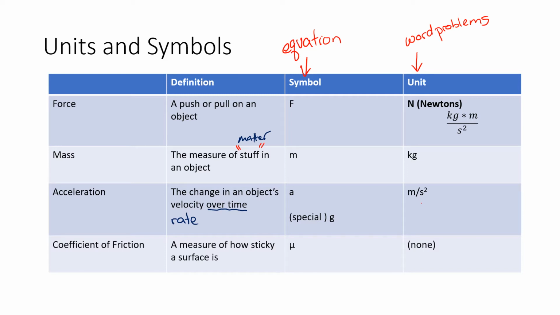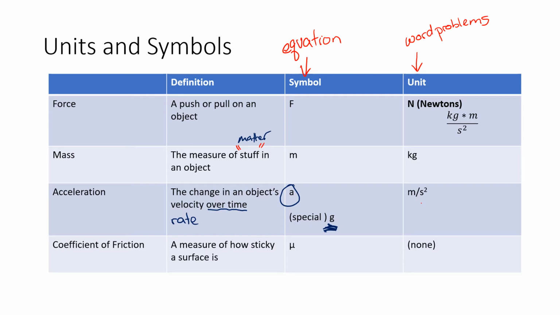Most of the time in our equations, acceleration is an A, but we do have one special one, G. G is still an acceleration. G is not a force. This is the acceleration caused by the force of gravity.